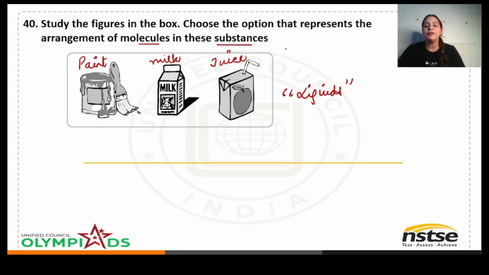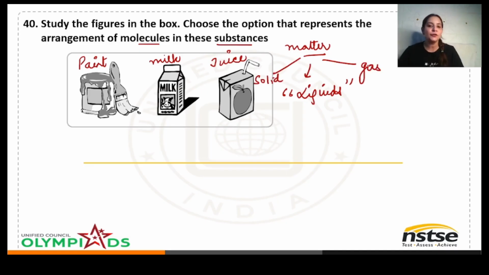And when we talk about matter, what is matter basically? Anything that occupies space and has mass is called matter. On the basis of physical properties, matter exists as solid, liquid, and also as gas.